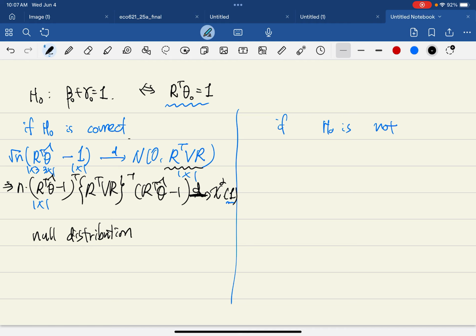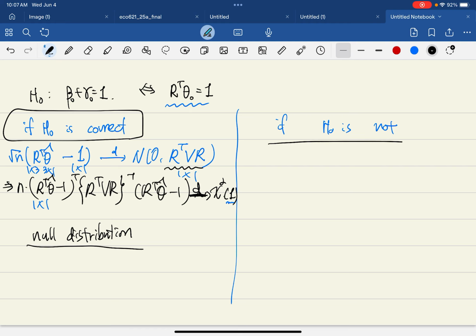So when your hypothesis is true, it will go to somewhere else. But if it is not, then R transpose theta hat minus 1 transpose the variance R transpose theta hat minus 1, this is not converging to chi-square.